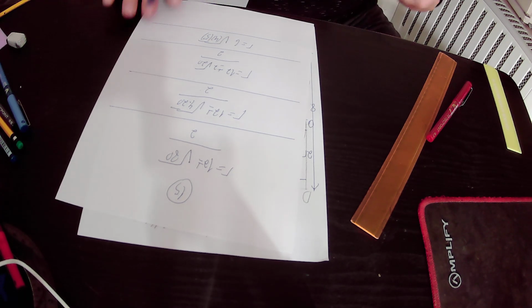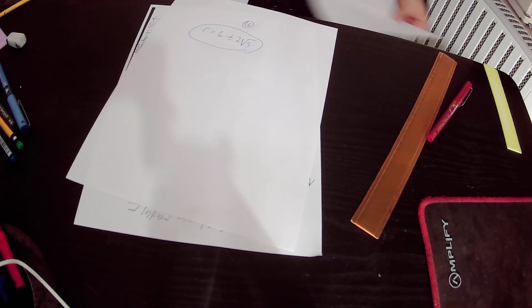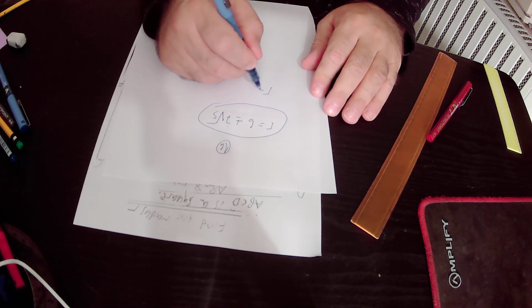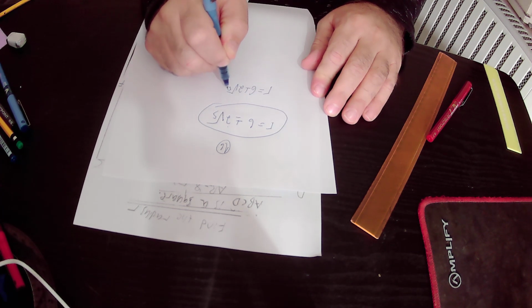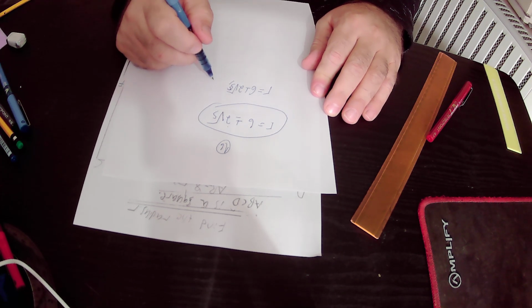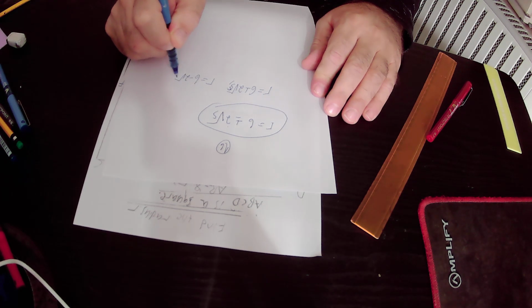So we got two solutions for R, or two roots for R. The first one is that R equals to 6 plus 2 times root 5, and the second solution for the quadratic equation is that R equals to 6 minus 2 times root 5. Okay?